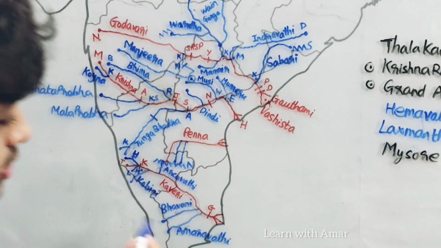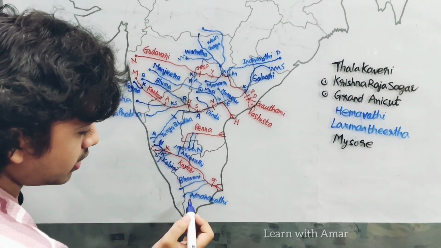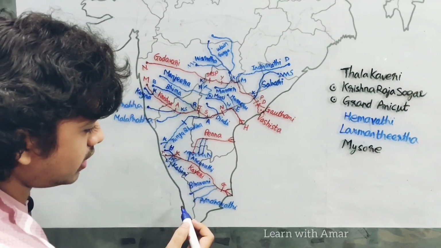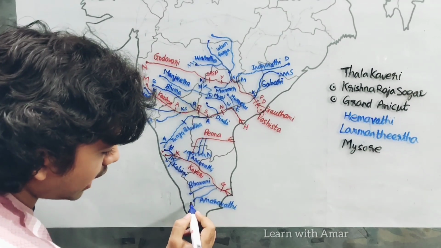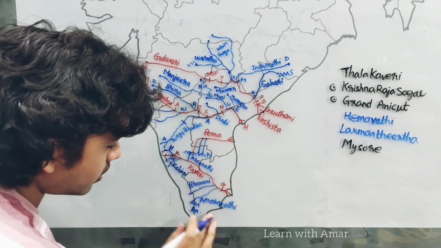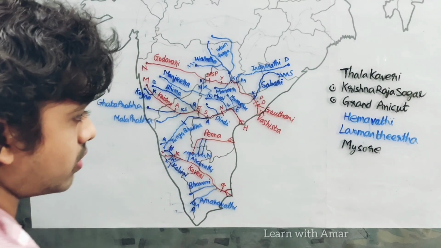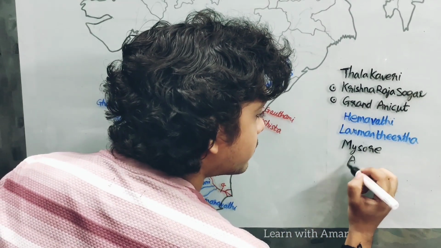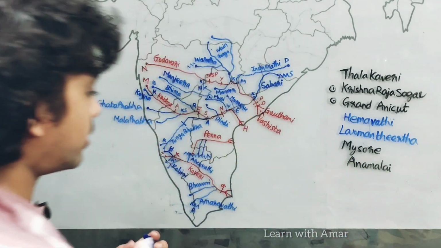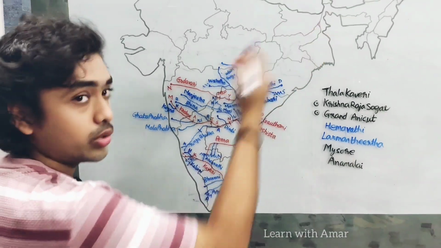Amaravati is the longest tributary of Kaveri, and both of them originate here in the Western Ghats and join the Kaveri. Amaravati actually originates in the Annamalai Hills.